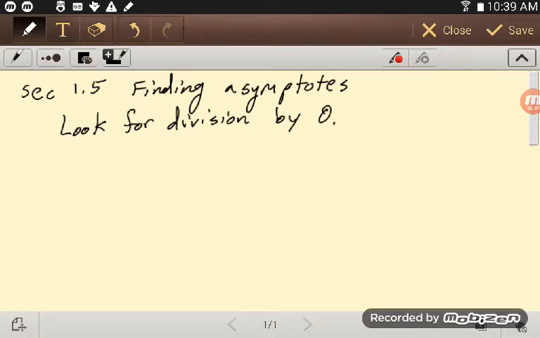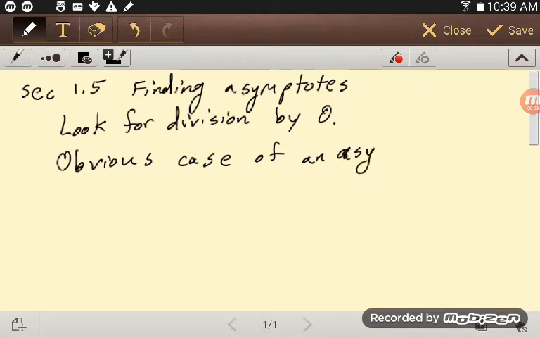Okay, and an obvious case of an asymptote is some constant k that's not equal to 0 over 0.